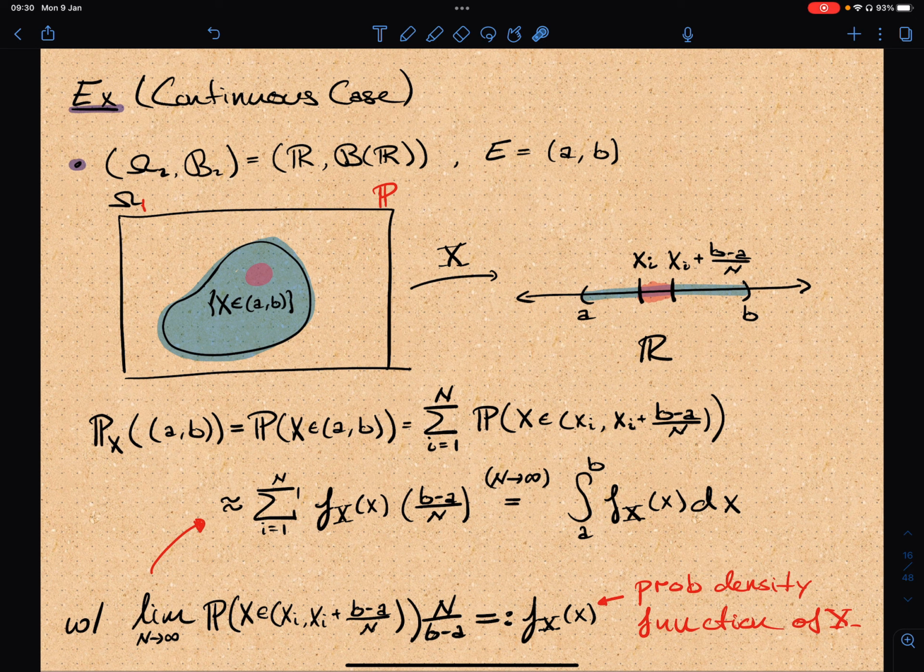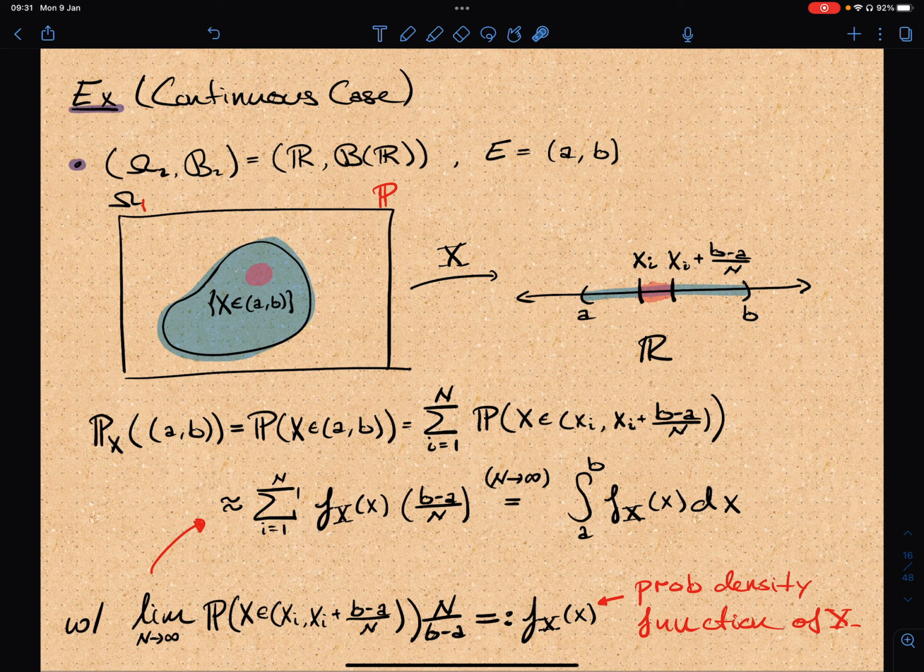Then I want to mimic what I did for the discrete space, where I can decompose any event, any set, into singletons, so specific values that X can take. But in the continuous case, for any interval, there's an uncountably infinite number of elements. In the discrete case, I can break it up into each element, but here I can't break it up into each individual event.